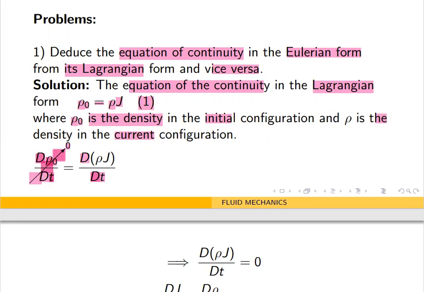So we have d by dt of rho J equal to 0, where J is the Jacobian of the transformation, or the Jacobian of the motion of the continuum.